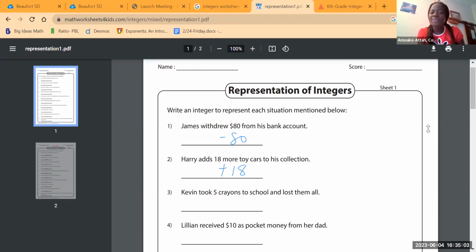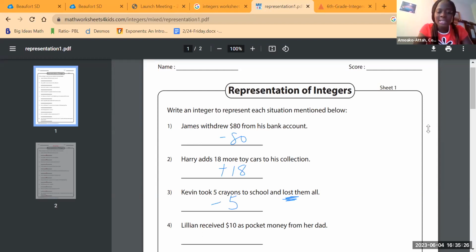Kevin took 5 crayons to school and lost them all. So tell me this. It means there has been a deduction. He lost them all. Lost. So minus 5.